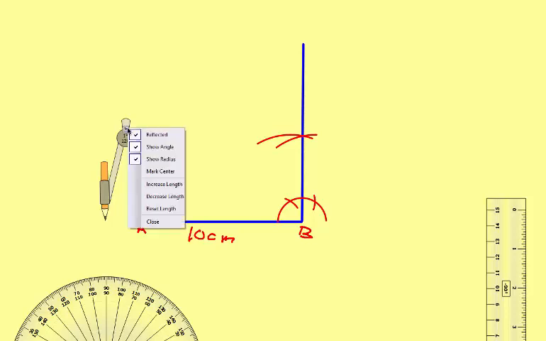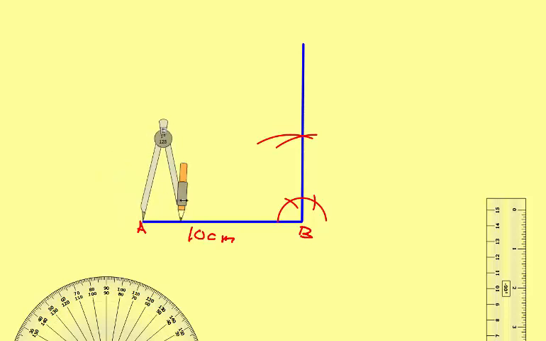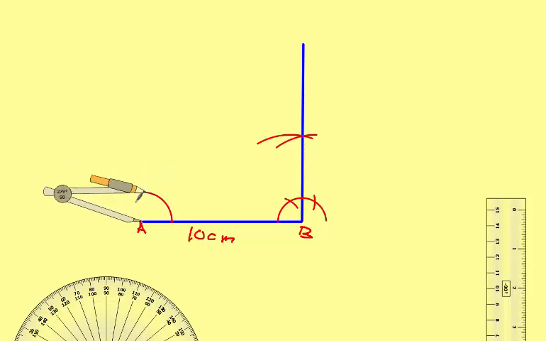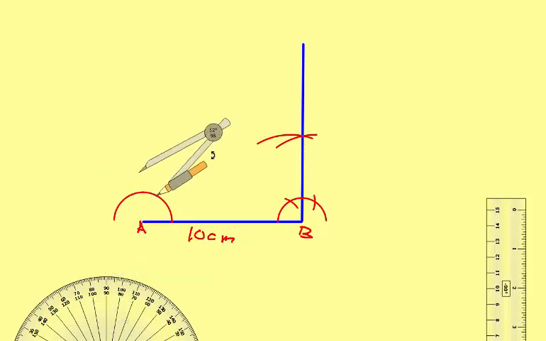Good. So from point A, we are constructing a circle. Let's reduce the radius a bit. Good. Right. So from this point, we can construct angle 60.